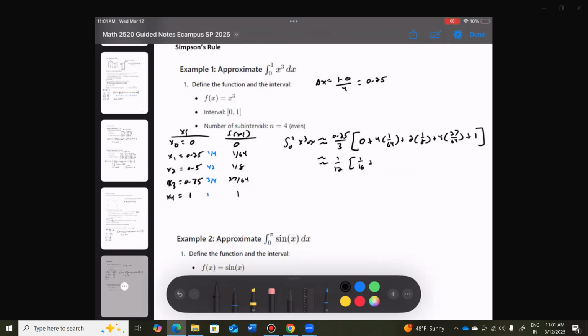So 2/8 would be 4/16 plus, and this is going to be 27 over 16 plus 16 over 16. So 1/12 times 48 over 16, which is 3 over 12, which is 0.25.